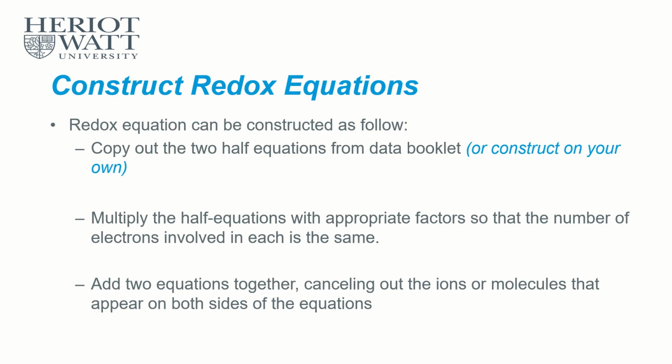Now, since we are talking about redox reactions, how do we actually construct a redox equation? To construct a redox equation, you have two ways of doing this. Number one, you can copy the half equations from your data booklet. In the data booklet, there is one page called electrode potential values.